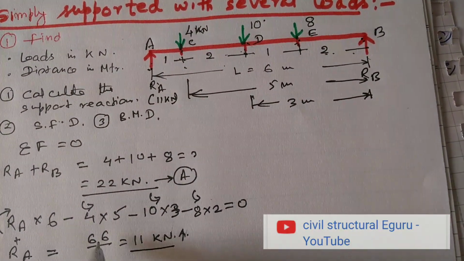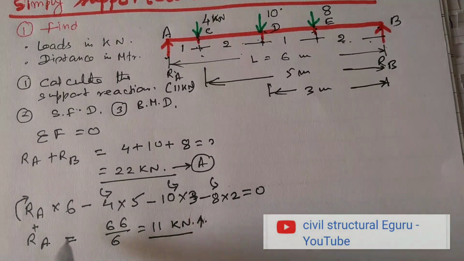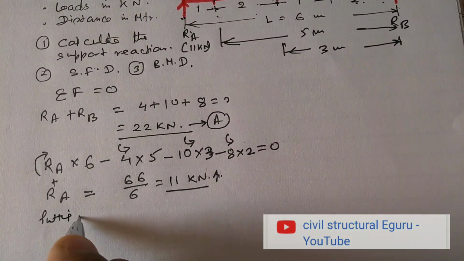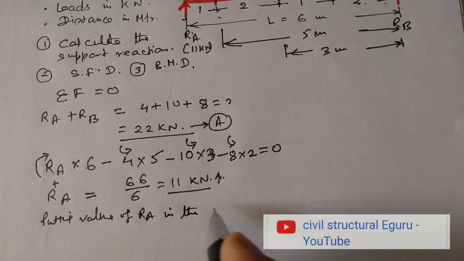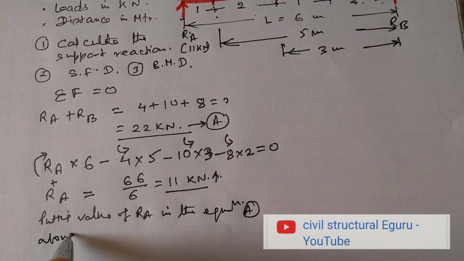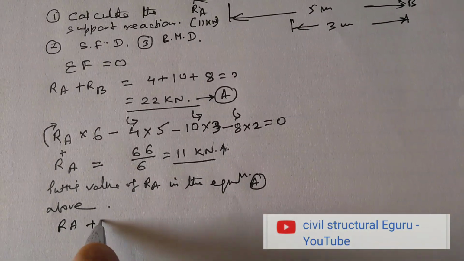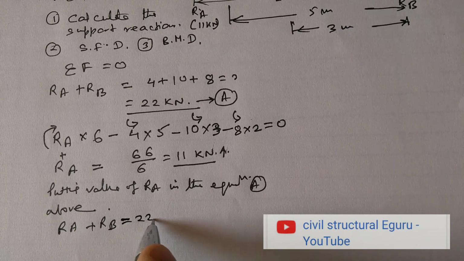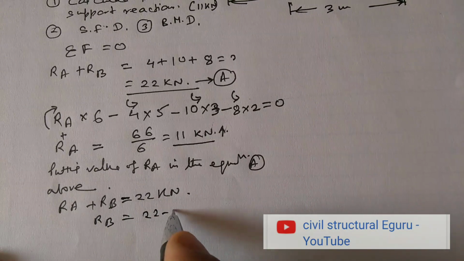Again, you have got RA. Putting the value of RA in equation A above, RA plus RB equal to 22 kilonewton, then RB equal to 22 minus RA.